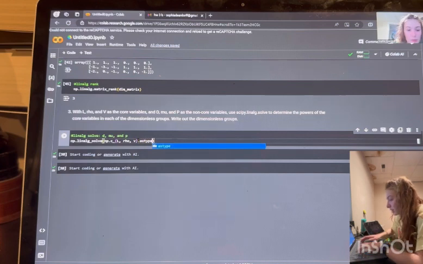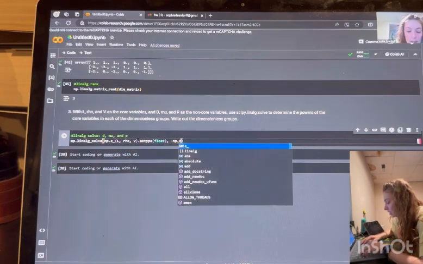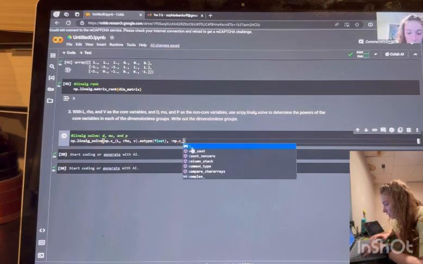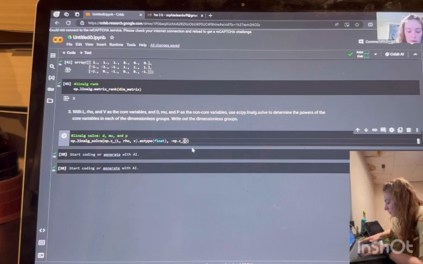Dot astype float, I think, and then you do a comma and it's negative np.c_, maybe it's brackets here. No, I think this one's d dot astype float.